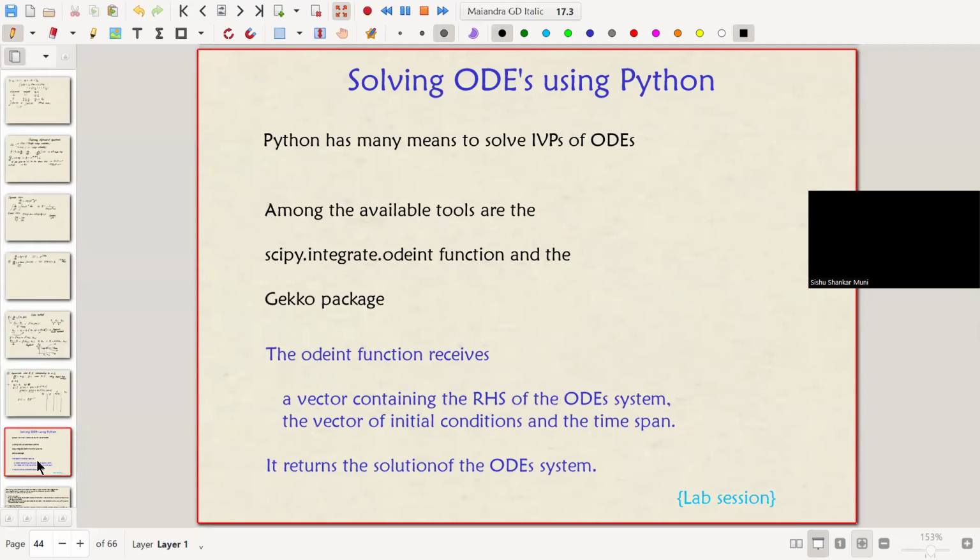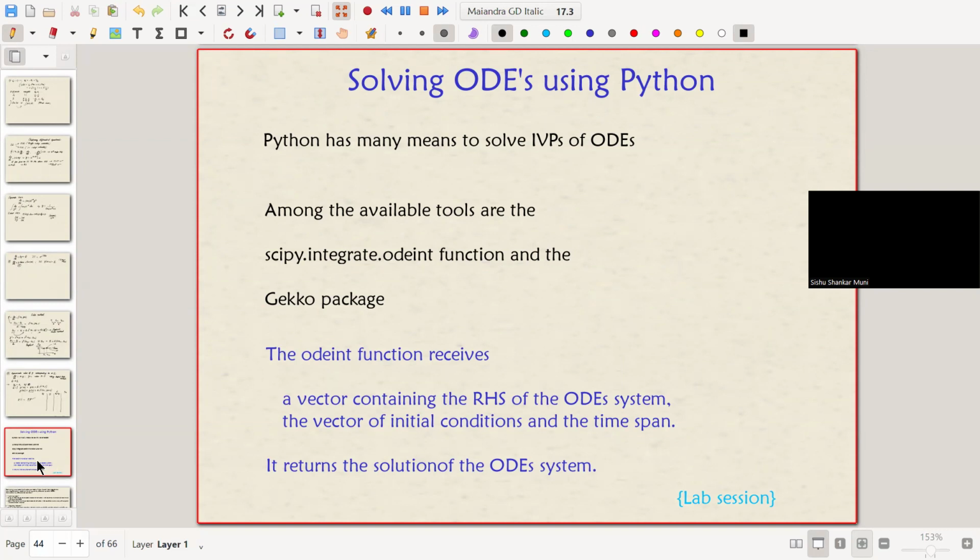So in Python, you can also solve ODEs, mostly initial value problems. There are many different packages; we will see around two or three, and one of them will be a project. As you can see, there is scipy.integrate.odeint. And there is also something known as Gekko.